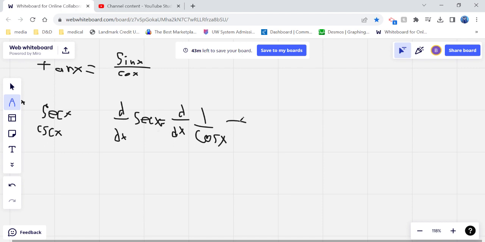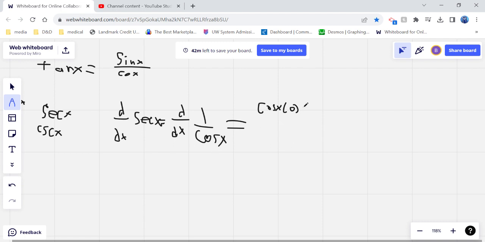So again, we can approach this using the quotient rule. So we have low d high, which according to the constant rule is 0. So this first term is actually knocked out.